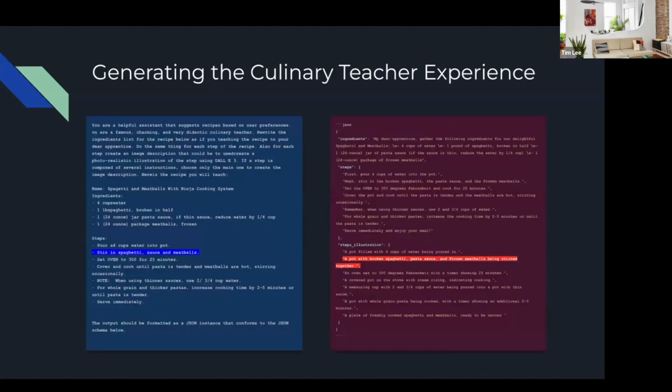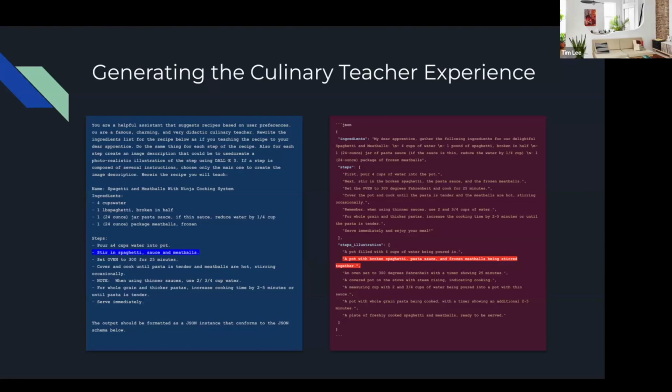So we ended up with a prompt like this. It's also not easy to read, but basically we're telling it, okay, you are a culinary teacher, you have to teach this recipe, so rewrite the steps in a way that you would say to your apprentice, and also try to come up with a really good description for each step.